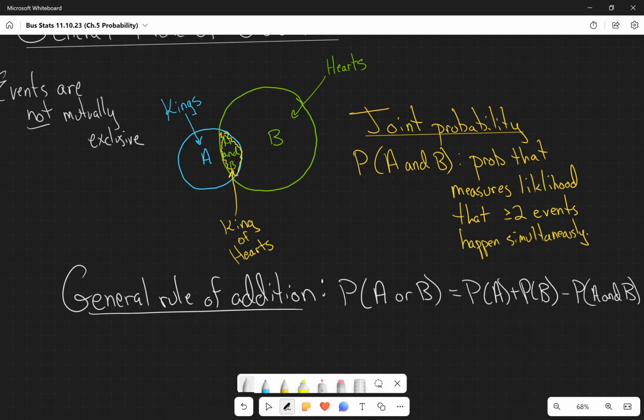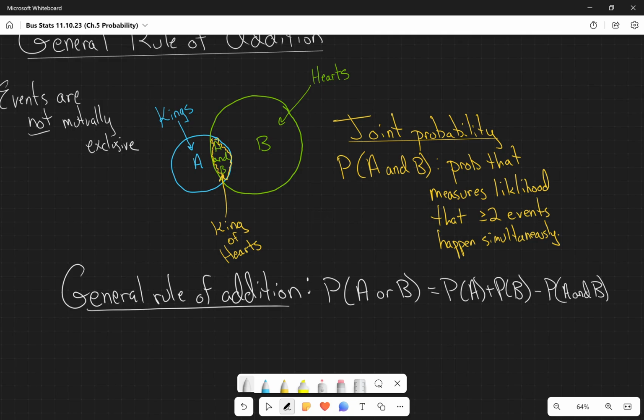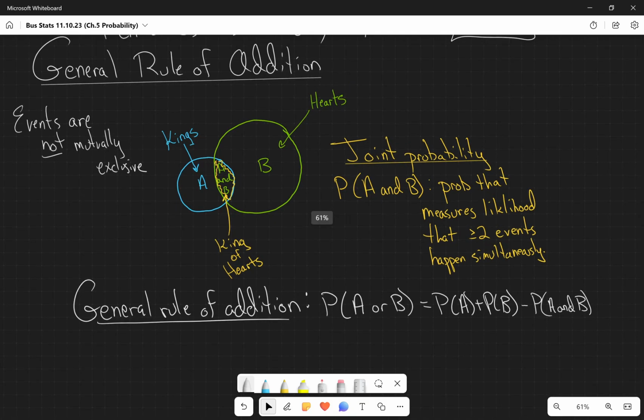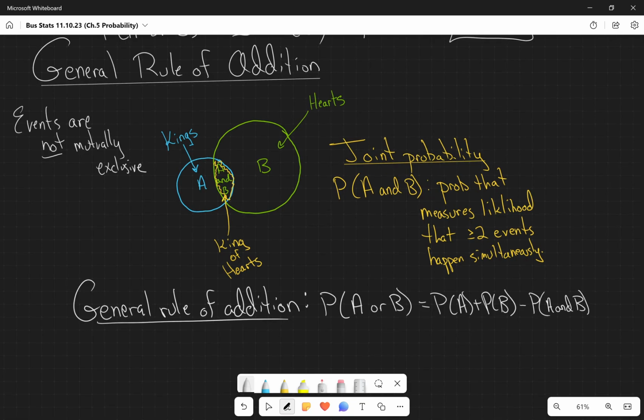So as is always the case with these situations, it's easiest for us to work through an example to understand what the heck this rule is telling us, right? So let's go ahead and jump right into our example here.